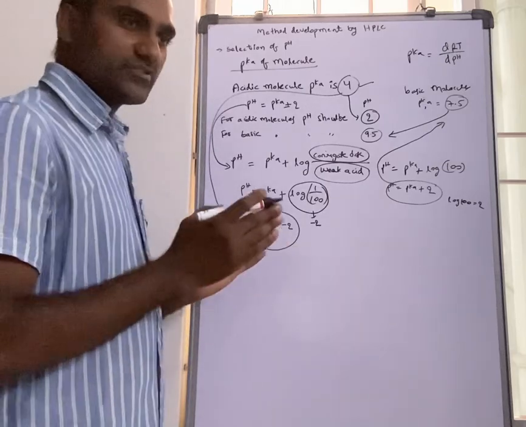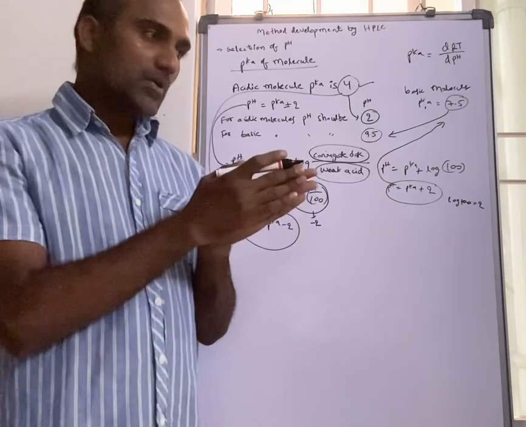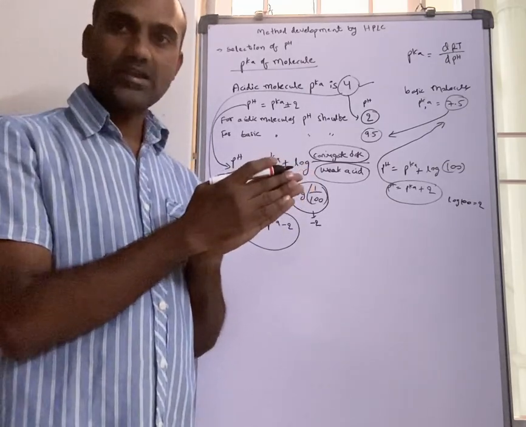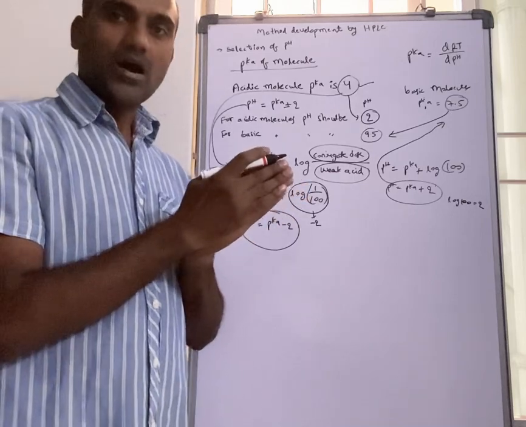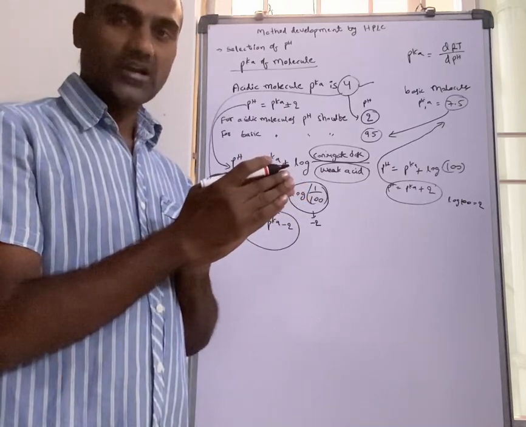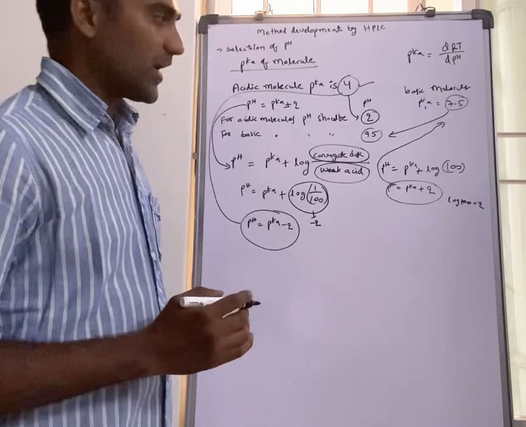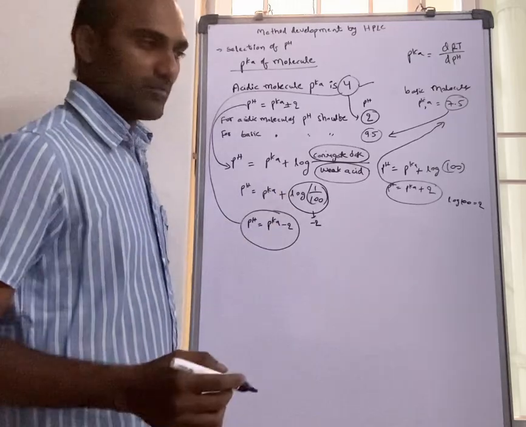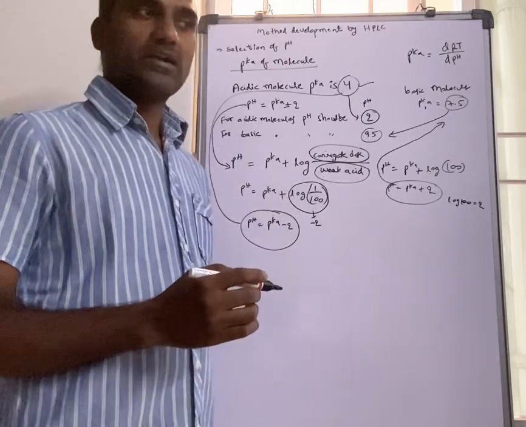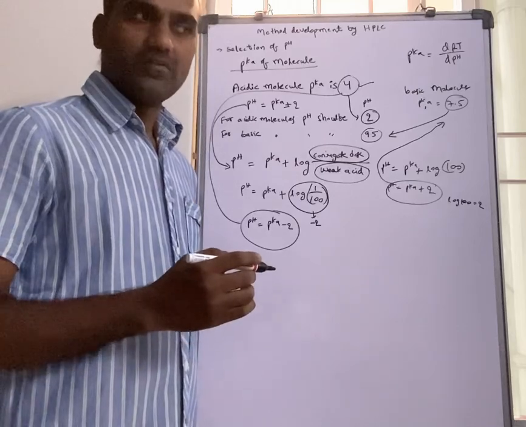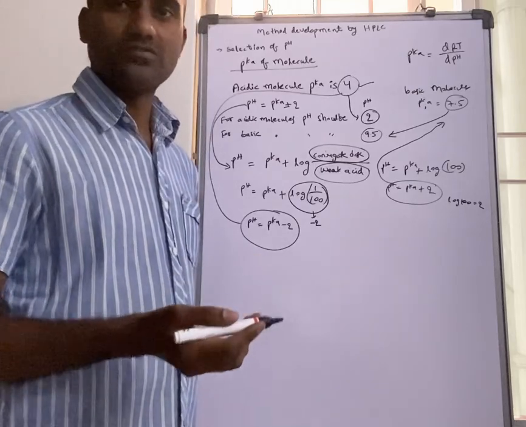If it is not in a single state, meaning some of the molecules are in the ionized state and some are in the unionized state, the peak will elute as a broad peak, meaning all the molecules will not elute at one time. So there will be some tailing and some problems.